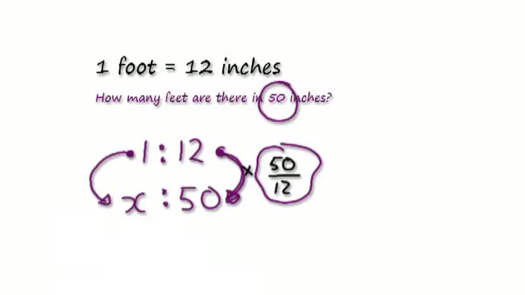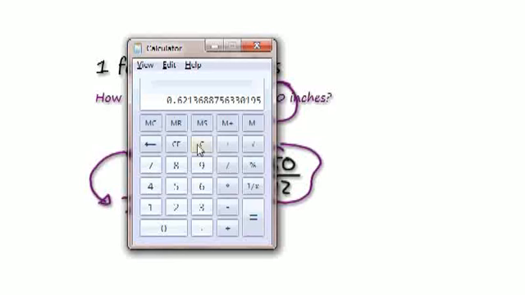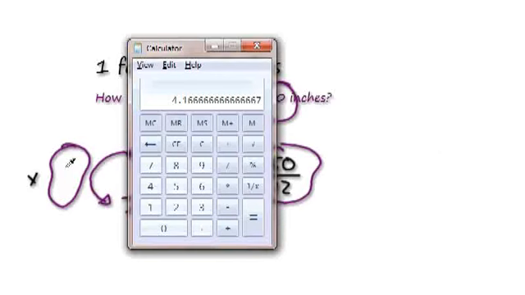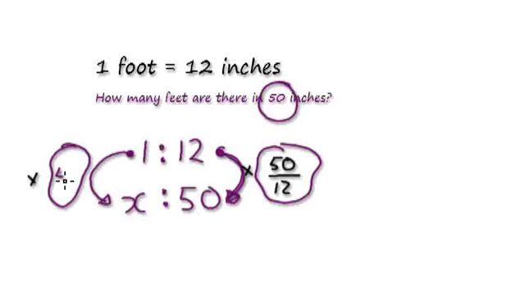So jump to a calculator. 50 divided by 12. 50 divided by 12 equals 4.17. I'm rounding it off. So remember, our multiplier is 4.17.